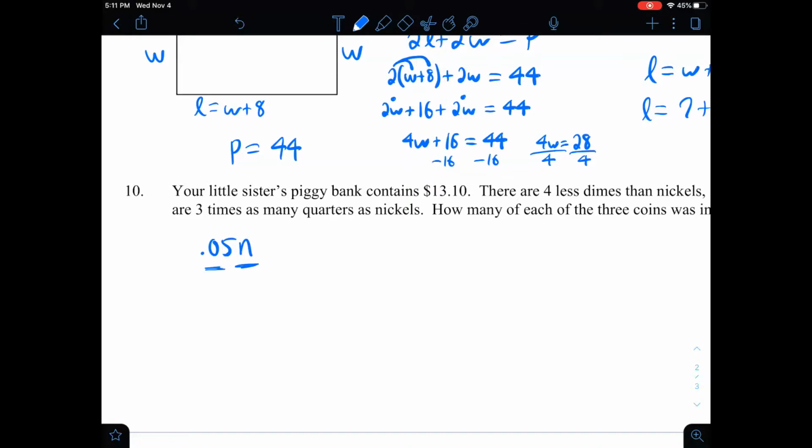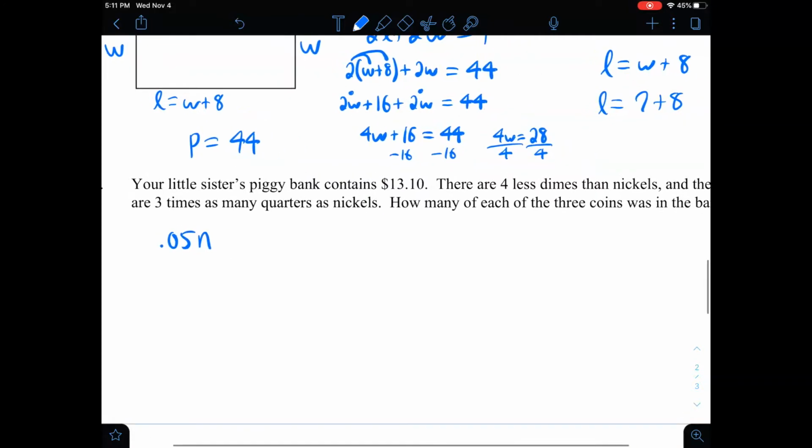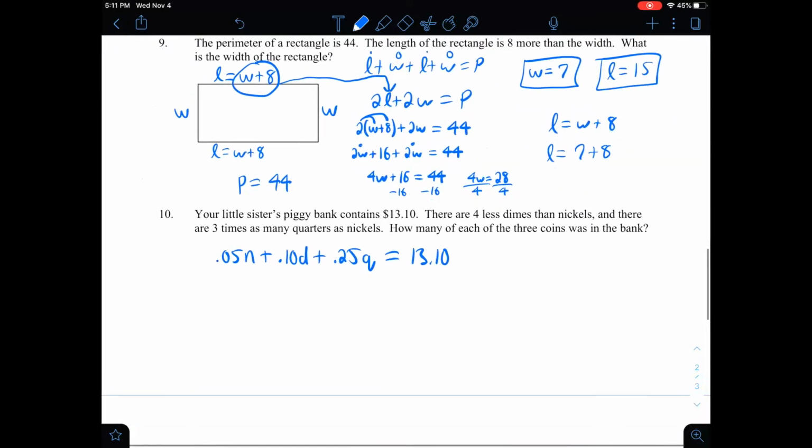The number of nickels times the amount that nickels cost equals the total value of the nickels that are present. Okay, how much does a dime cost? That's 10 cents, so 10 cents times dimes. This will give us our total value. The amount that it costs times the number of things you have gives you a total cost. Then we also have quarters, which is 25 cents, times quarters. And this all adds up to $13.10.